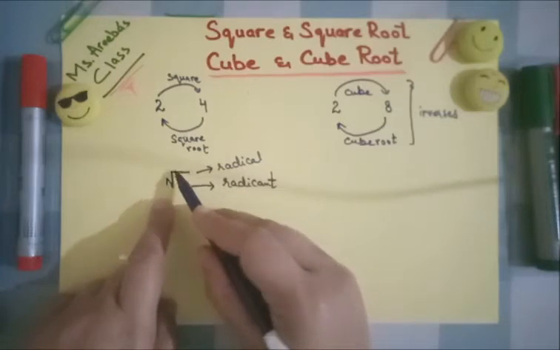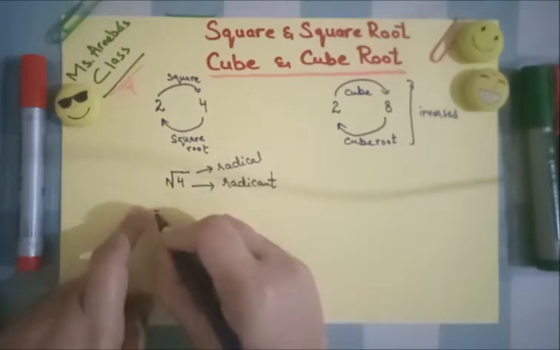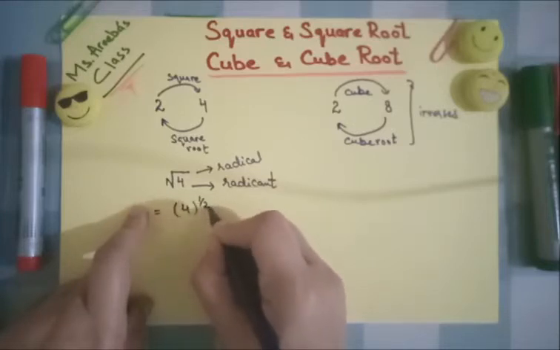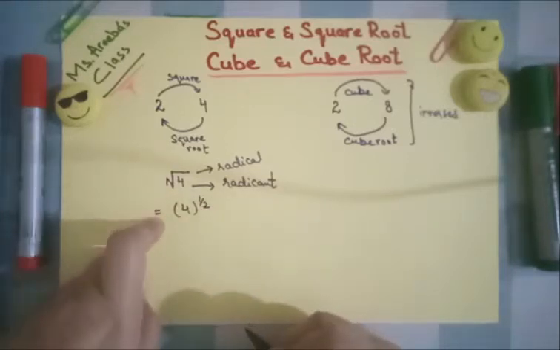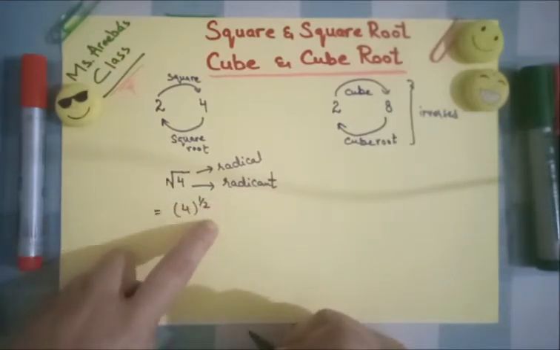Next, you have to understand the value of this radical. This is equal to 4 raised to the power 1 by 2. It means that these both are the same: either 4 is written in the radical or it has the power 1 by 2.